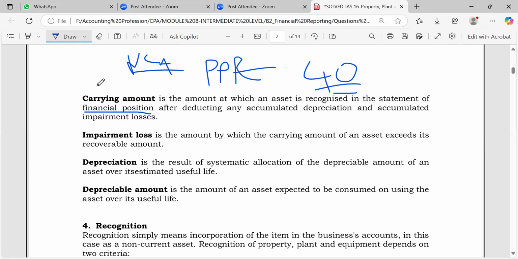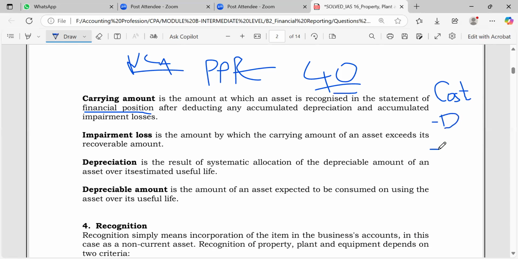As of now, I hope you know that non-current assets are depreciated generally. So normally in the books you would have the cost, the amount at which you initially acquired an asset, and then you deduct depreciation.